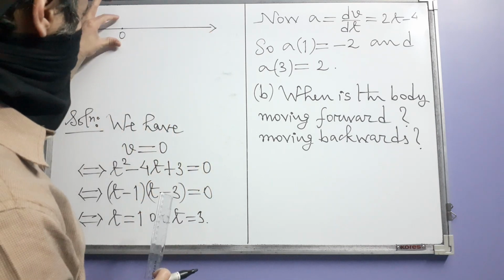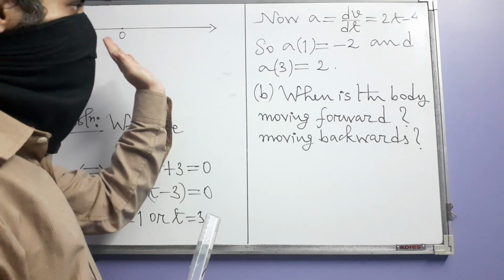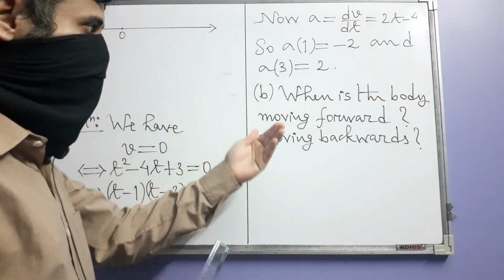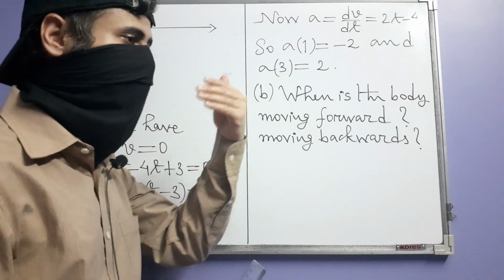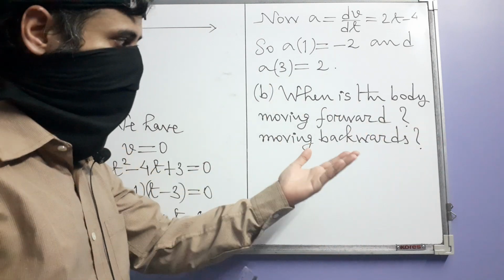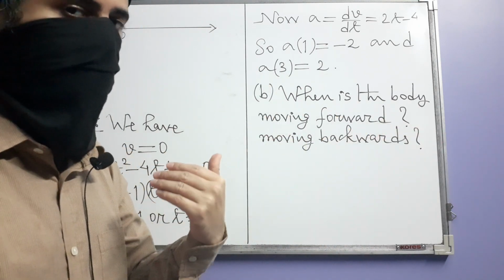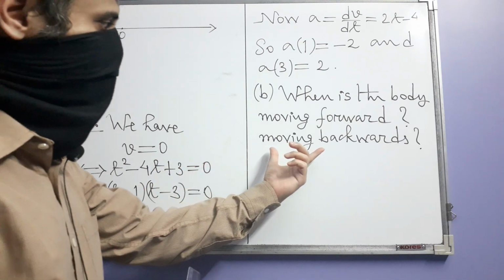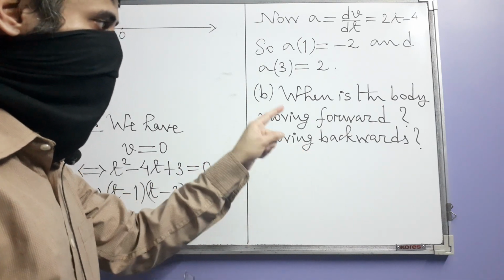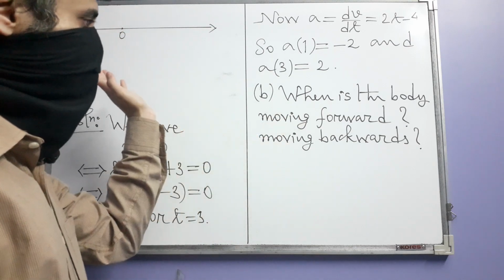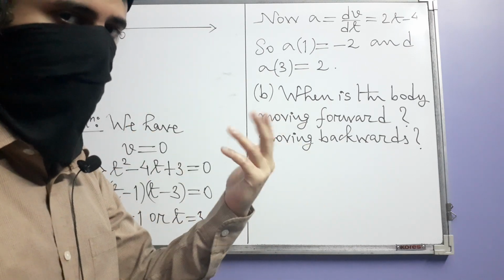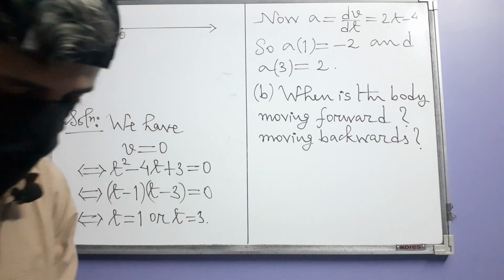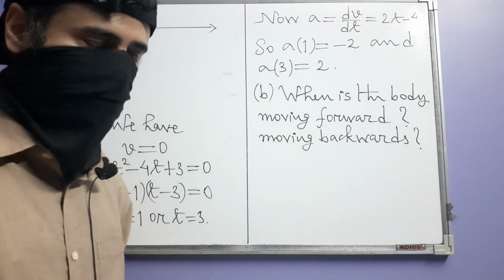If you stand here and you are looking towards that direction, then moving forward corresponds with moving away from you, and moving backwards means it's coming towards you. Okay, so this means that we need to again find out when the velocity is positive and when the velocity is negative. And velocity is actually what we are given.